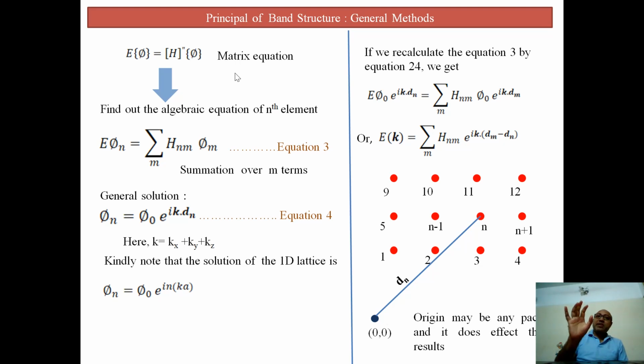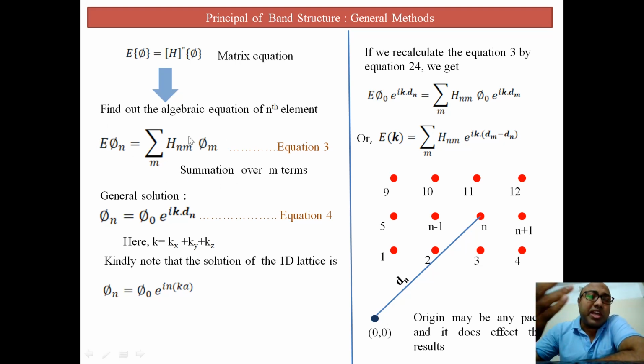As you know, a matrix is nothing but a set of algebraic expressions. Now the question is, can I transfer a matrix equation to an algebraic expression? Yes, it is possible, and there is a very standard theory available. You just go back and check Wikipedia or Google, and you can get that expression.